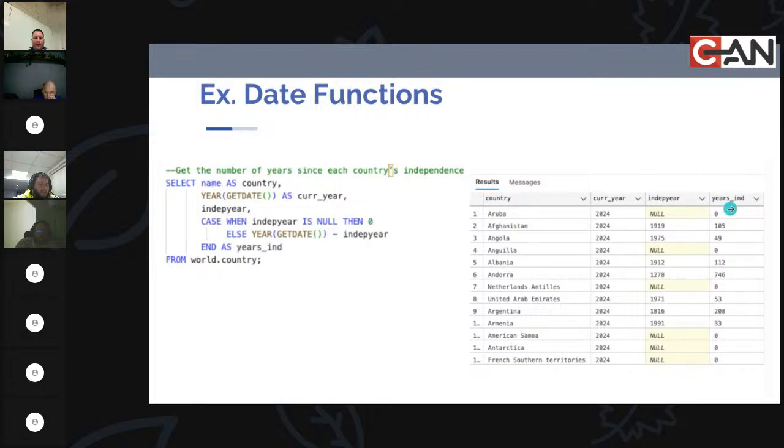We're just setting those to 0 where there's a null, but the ones that actually have a year of independence, we can see 105, we can see 49 for Angola, and we're going to get zeros for the other ones. But let's say you were going to calculate an average and you left those zeros in there. Not good, right? And so you would want to treat those in one way or another.